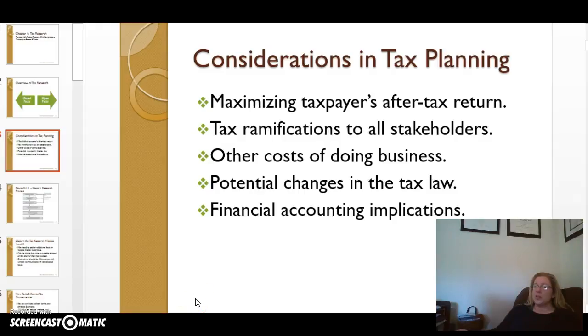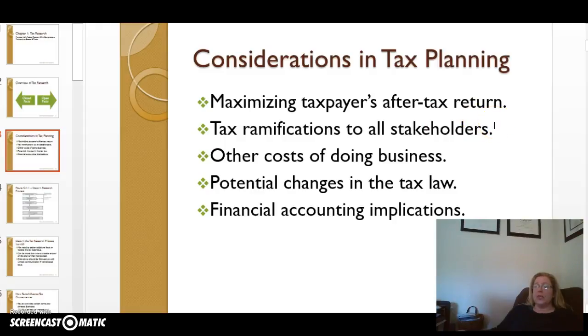And so as a tax preparer, it's important that we consider certain things when we plan for a tax situation. Taxes don't just have to happen to you. You can think about what you're doing and structure transactions in a way that it minimizes the taxpayer's after-tax return.